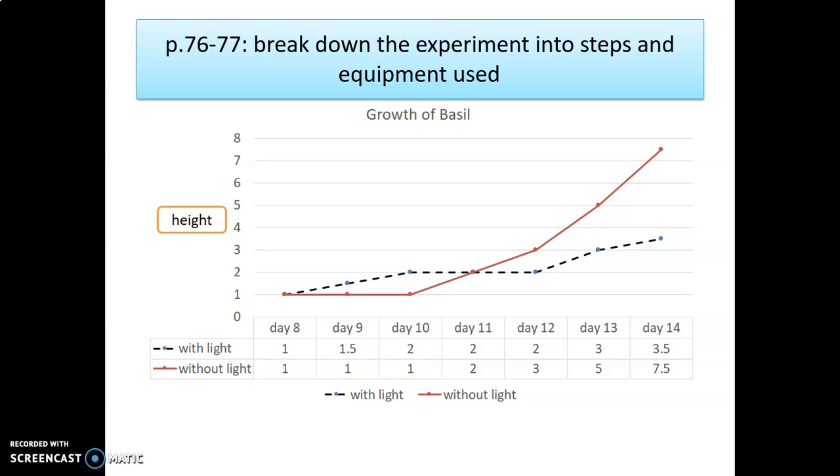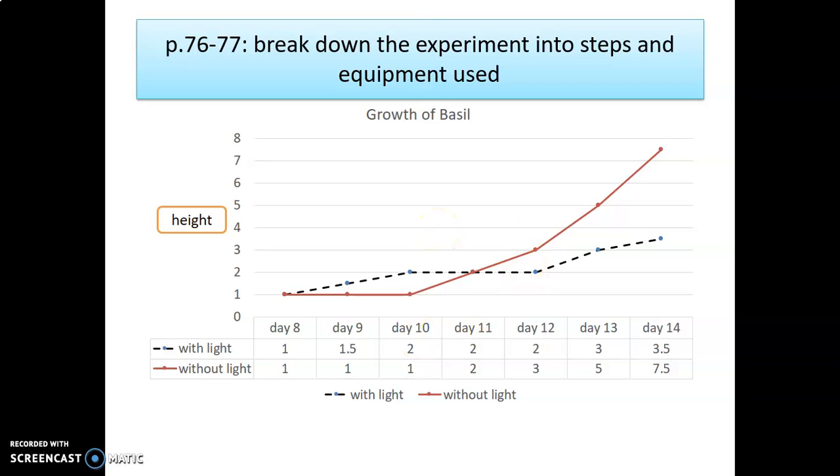Well, take a look at this familiar chart, line graph. Yeah. Of course, you know it. What you need to do now, you need to break it down into steps and equipment used. Basically, think of a methods and materials section for this experiment. Yeah?